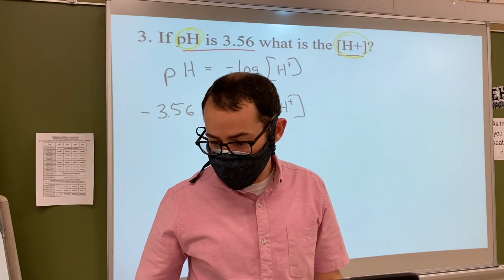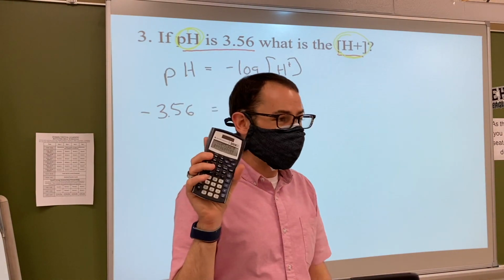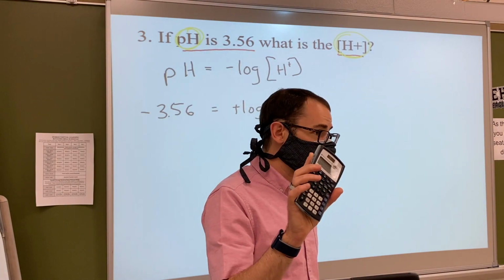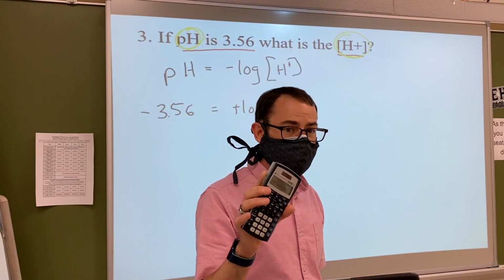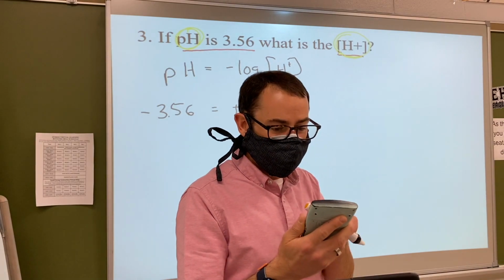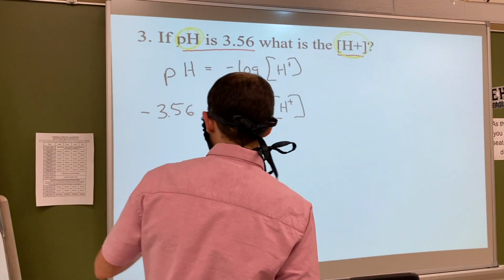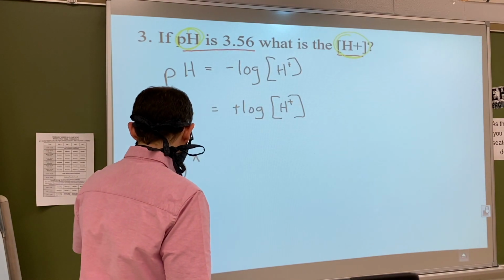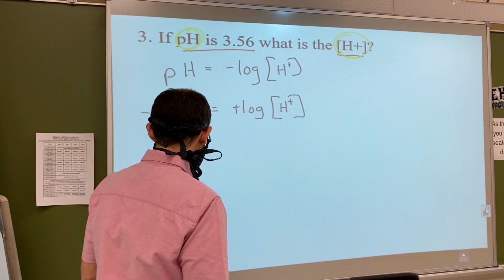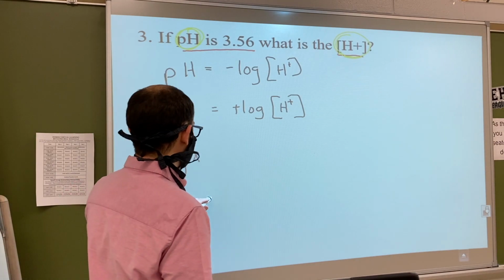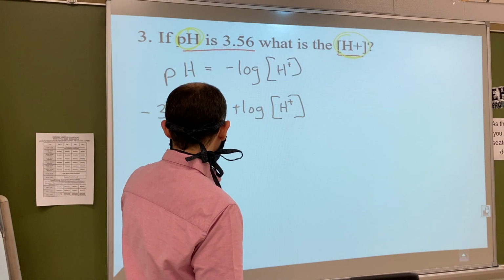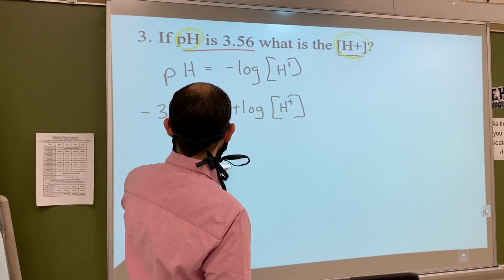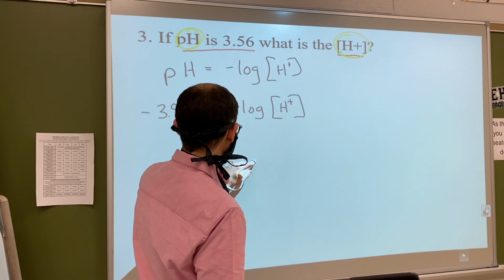And usually it is the second function of log. So what you would do is look for your log button and then do second, then log. And it usually will look something like a 10 with a little caret, or like a 10 with a little x. Some calculators, when you write the number after that, it'll just have a parentheses, and you would actually type in the negative 3.56.